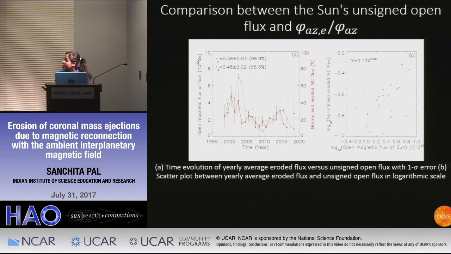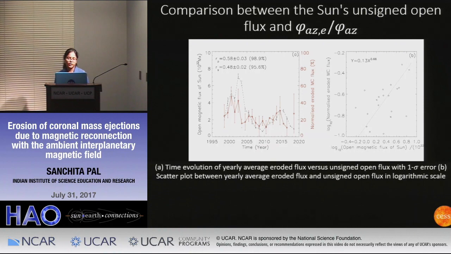Here we have plotted it in a scatter plot, did a regression analysis and found this linear fit with coefficient 0.66. It means that the normalized eroded magnetic cloud flux and the open flux have an almost linear relationship, which is expected, because, as I have told, the reconnection rate depends on the Alfvén speed, and the Alfvén speed depends on the magnetic field intensity.